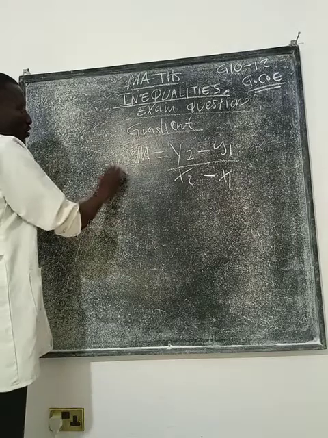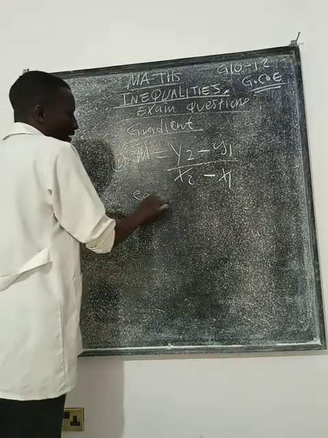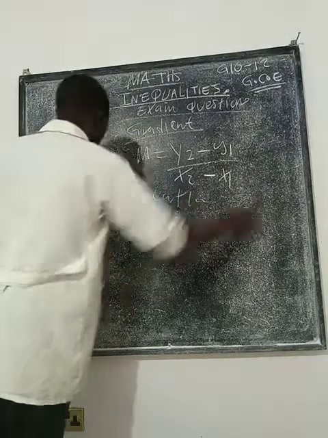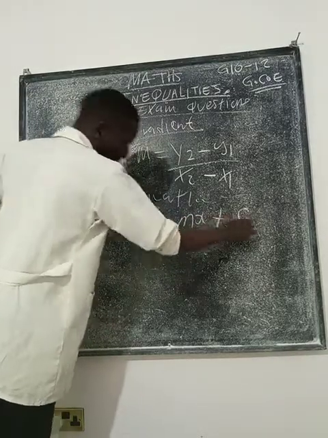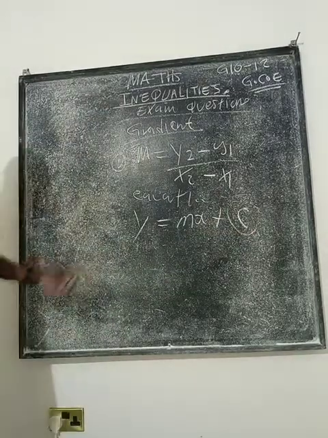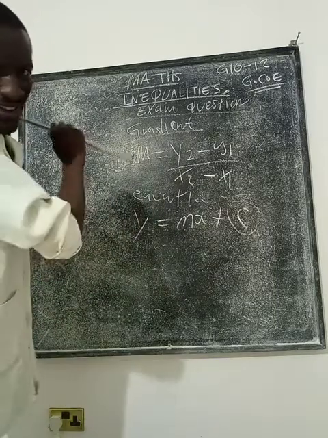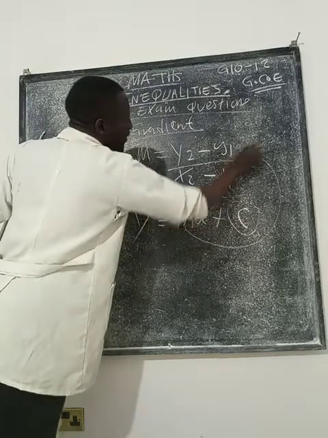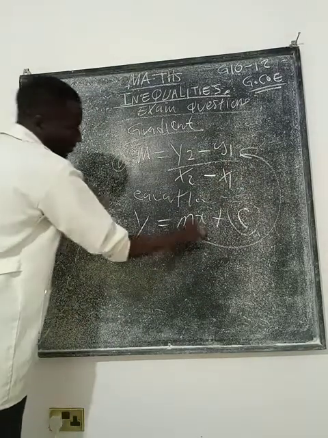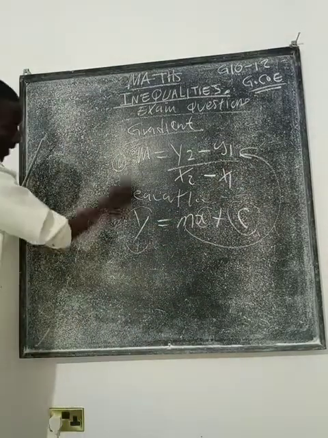You should also know what we call the equation of a straight line. Y is equal to mx plus c. C stands for the y-intercept, the number where the line cuts the y-axis. That's the c-intercept. M stands for the gradient. X and y represent any x coordinate, any y coordinate.